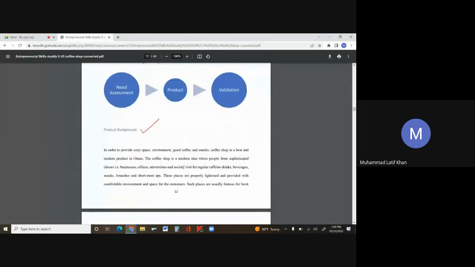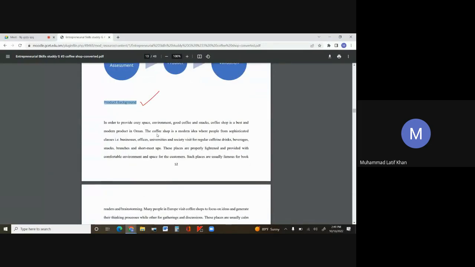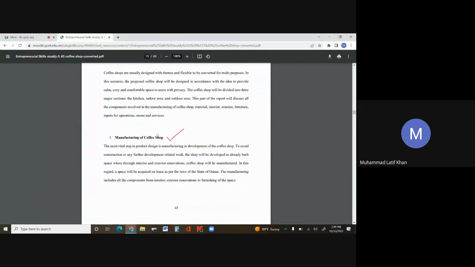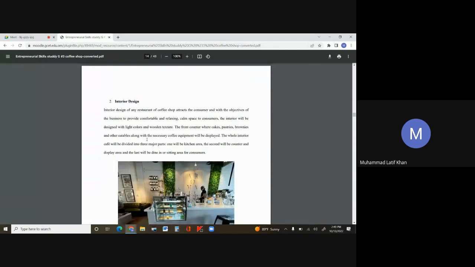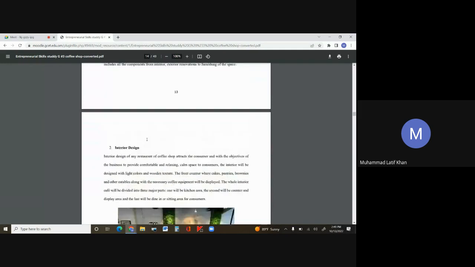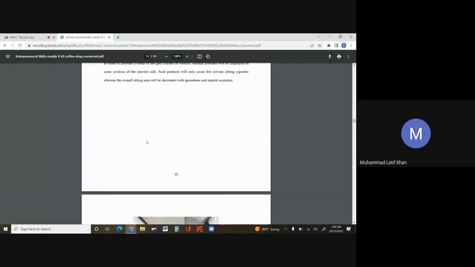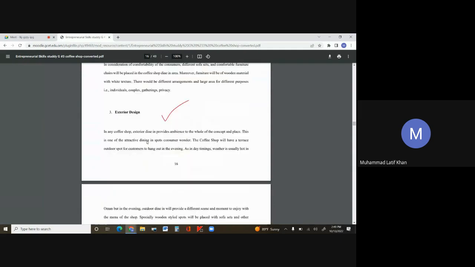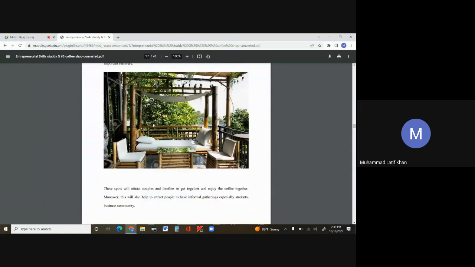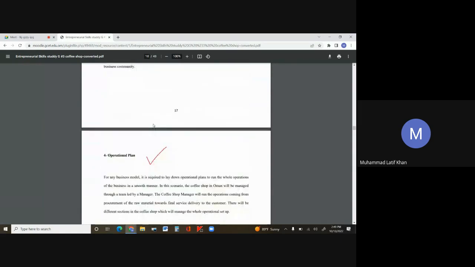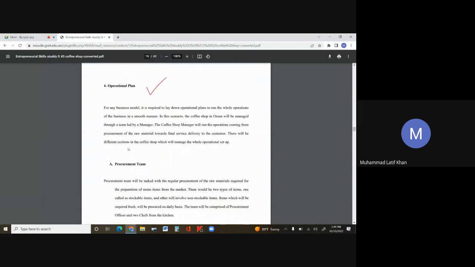And then they are talking about the product background, manufacturing of coffee, interior design, exterior design, operation plan, how they are going to operate this one.